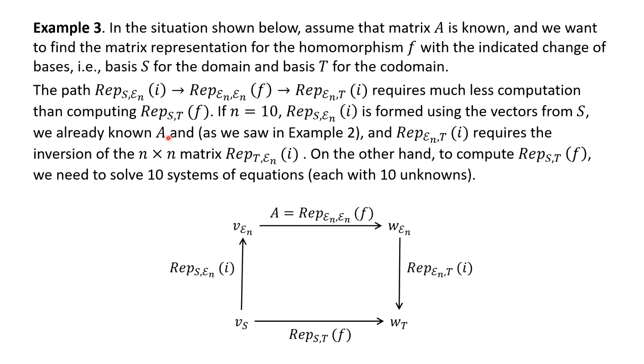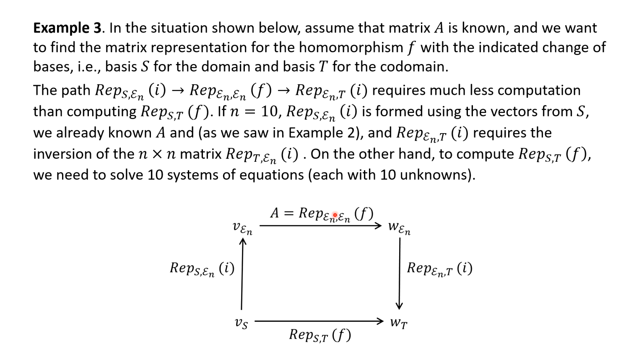If you recall earlier, I mentioned that I was going to give some rationale for going along this more, what appears to be this longer path rather than going directly. So what we have in this picture is we're given A, so we know how to do some mapping of our function f to a matrix from the standard basis to the standard basis.